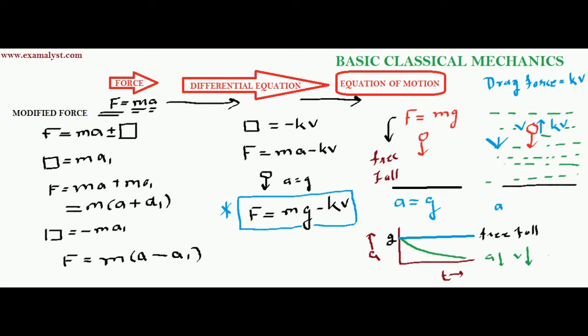As a result, after a particular time, the ball falls with a constant velocity, where the net acceleration is equal to 0 after some time. Agreed?